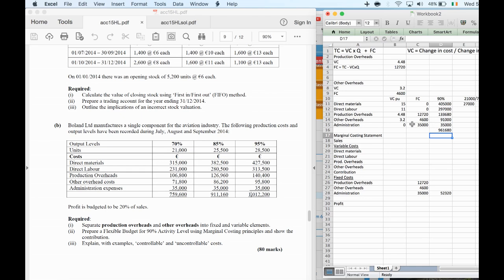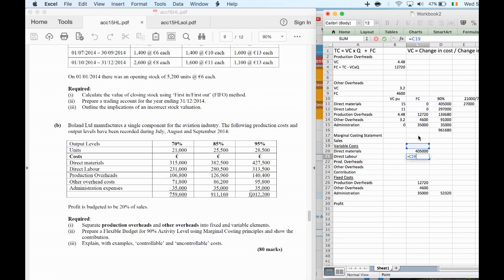Now this total cost has to obviously be divided between the fixed and variable when I'm doing a marginal costing statement. So I've already put these three numbers in here for variable cost, and I need to work out my fixed costs and my variable costs here. So the materials, well, that's easy enough because the total figure for materials had no fixed element, so that's only variable.